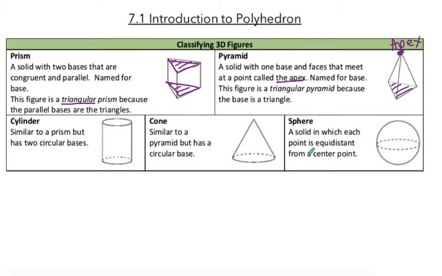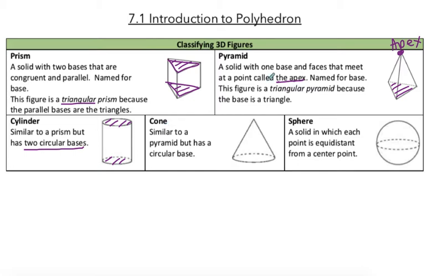Then we have our objects that are kind of connected, but now have curves. The cylinder is similar to a prism in that it has 2 bases that are congruent and parallel, but now we name it as a cylinder when we have 2 circular bases. So when I have a circle and another circle that are congruent to each other, this would be a cylinder.